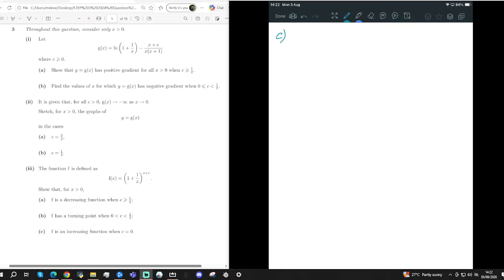Part C of the question, show that f is an increasing function when c is 0.